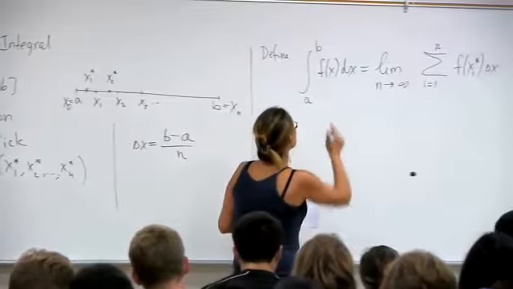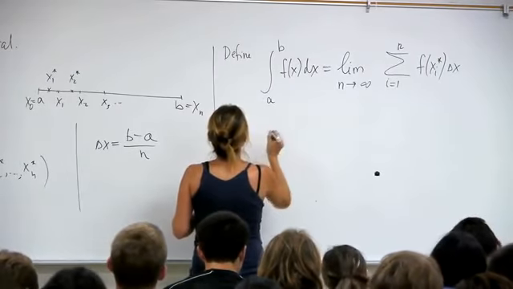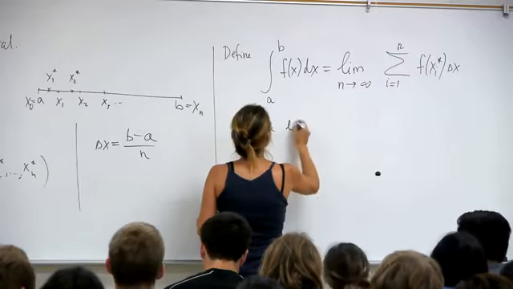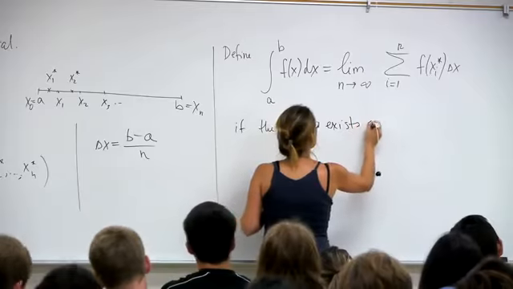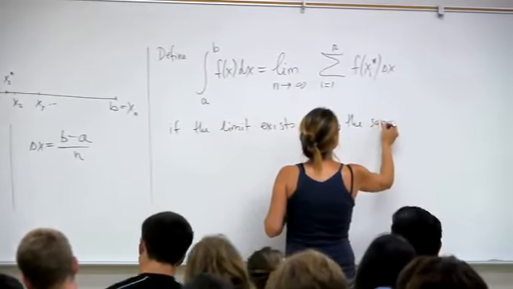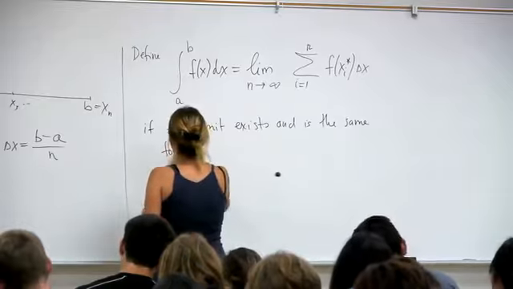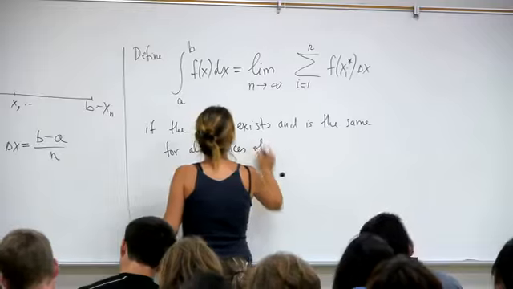So this definition is valid if the limit exists and is the same for all choices of sampling points.